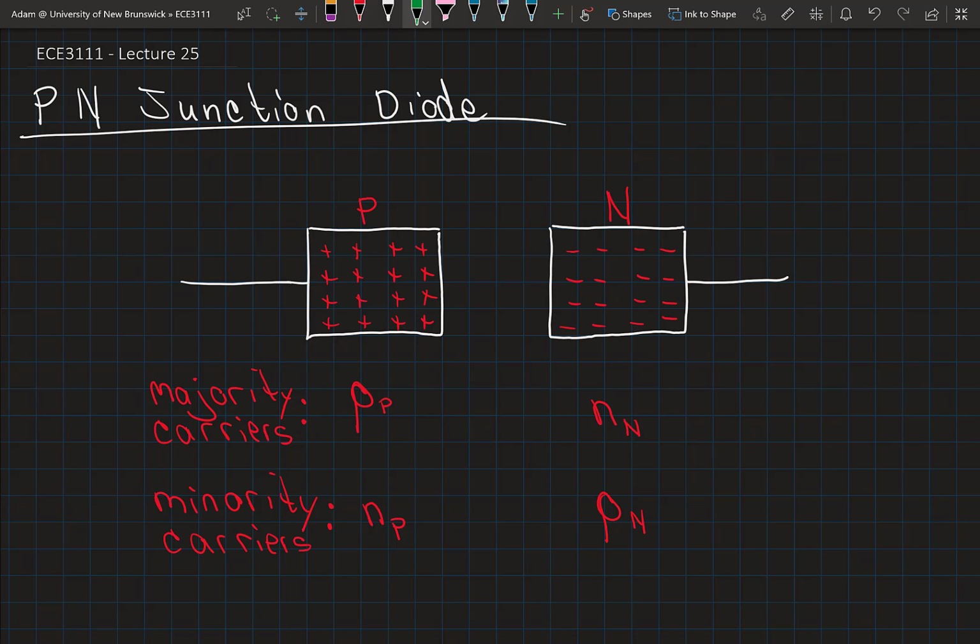And just a reminder, the large letter here refers to holes or electrons. The subscript is referring to the material that we're in. So in this case, we're in the P-type material, whereas over here we're in N-type.